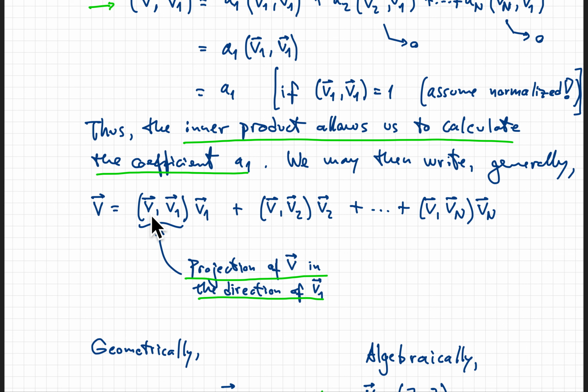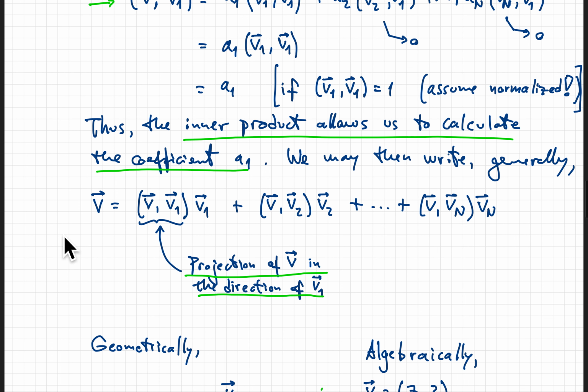So you have coefficients accompanying each vector in your basis, and those coefficients are simply given by the inner product of v with the corresponding vector in your basis. And in that sense, what each of these coefficients represents is simply the projection of v in the direction of v1 in this case, and here v in the direction of v2, and so on and so forth.